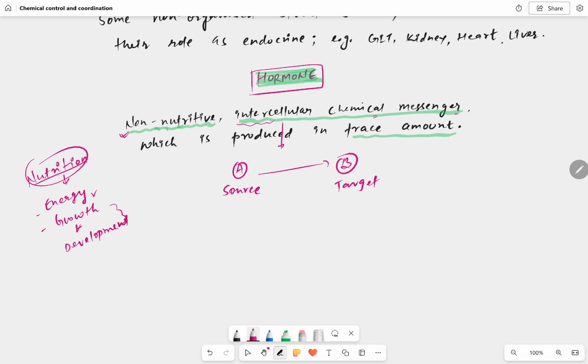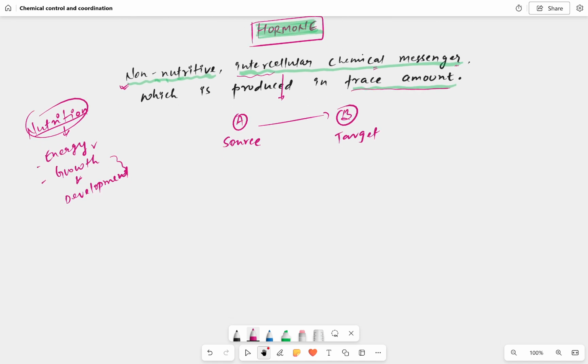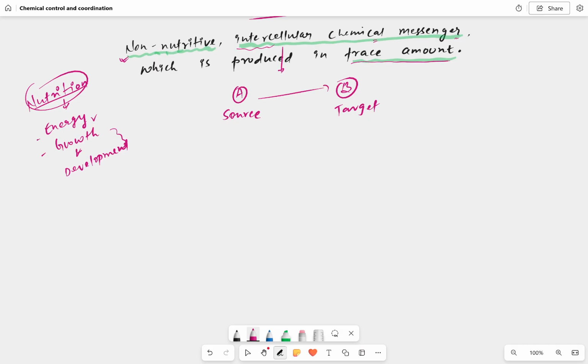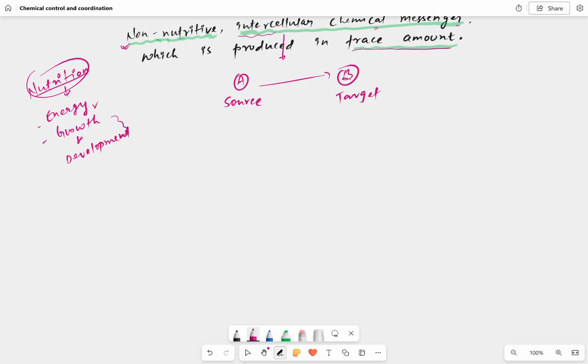And it is produced in trace amount, that is, a very little amount of hormone is secreted.